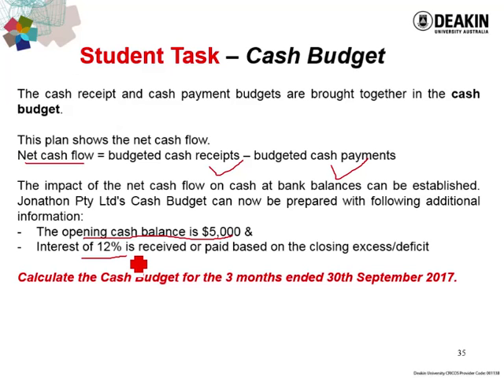So meaning if we have deficit, we need to obtain a loan. Then we have to pay 12% of interest. On the other hand, if we have excess, if we have surplus, we will invest and the interest is 12%. That is the amount that we will receive. So we need to prepare 3-month cash budget from July to September.